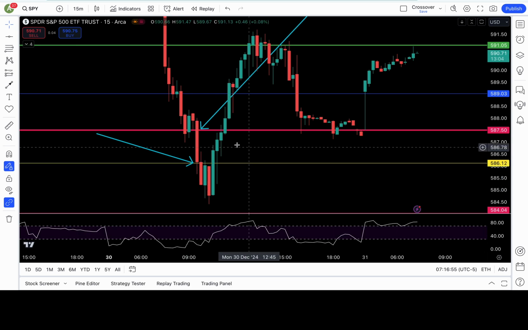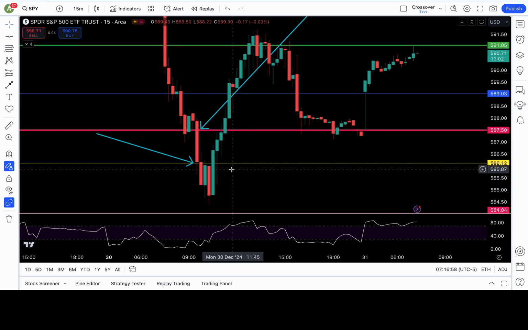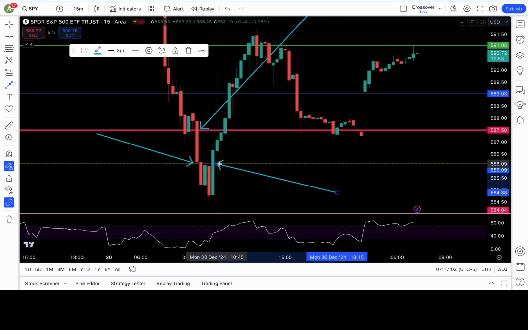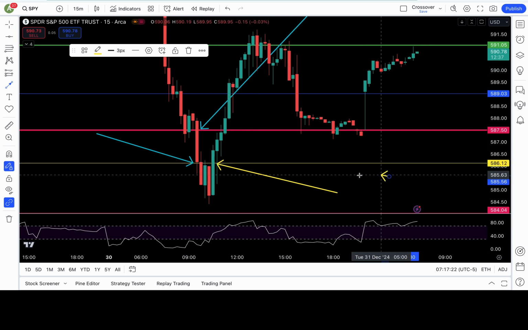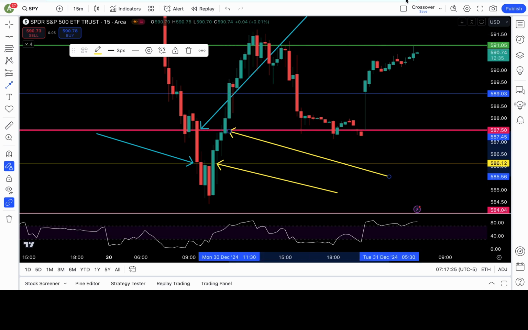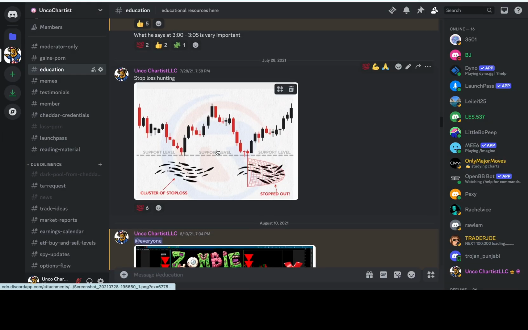Market makers went to collect the stop losses. And then what did they do? They recaptured a lost level. False breakdown setup. Trapped us with a breakdown only to recapture the lost level to push it back up. Whoever had stop losses down here got stopped out, and they probably were not happy when the market popped. Look at that. 586 recaptured. 587.5 recaptured.